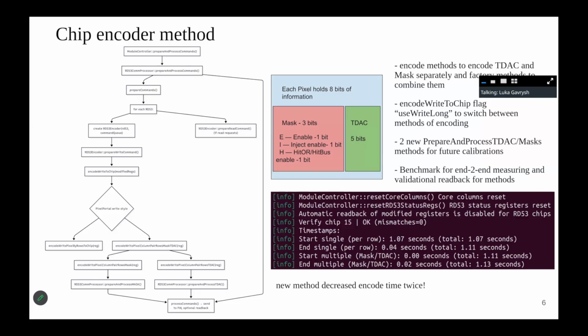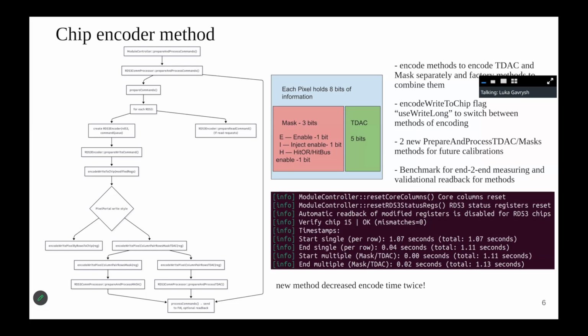Basically, as I said already, the new detectors that would be used in the CMS phase 2 upgrade are pixel detectors. So a single RD53 pixel carries 8 bits of configuration, split into a mask of 3 bits and the TDAC of 5 bits.